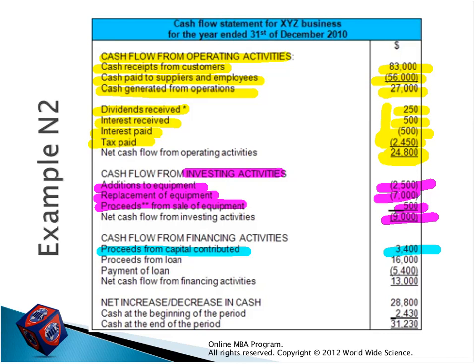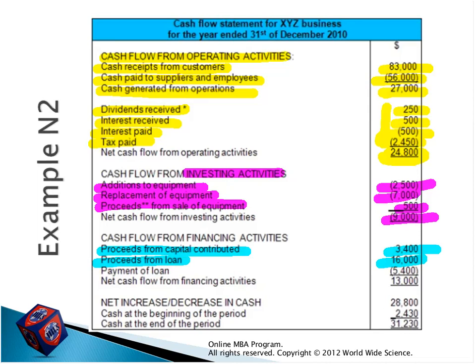Then proceeds from the loan. Sorry, this is all about financing. Under financing activities, that means we have got some loans, maybe from the bank, in cash of 16,000. Next one, payment of loan.